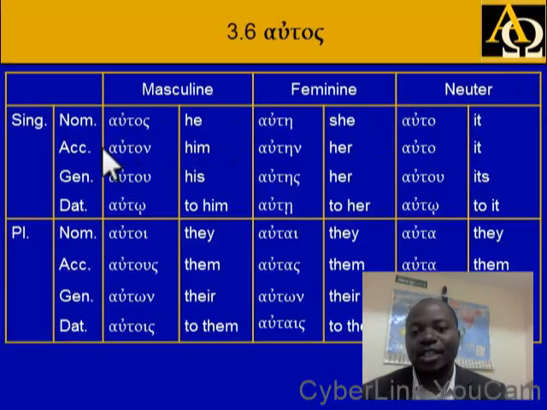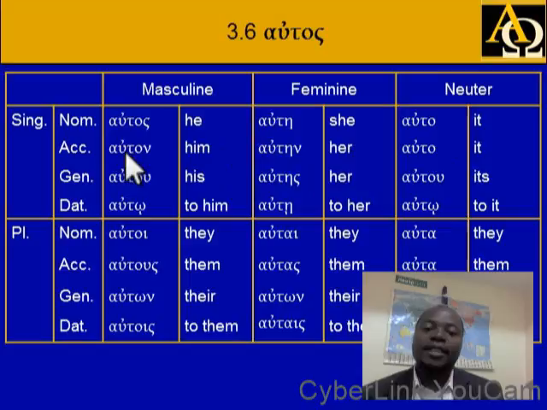But we also have it in the accusative. So, autos, auton, autou, autoi, autoi, autous, auton, autois. Aute, auten, autes, aute, autai, autas, auton, autais. Auto, auto, autou, auto, auta, auta, auton, autois.